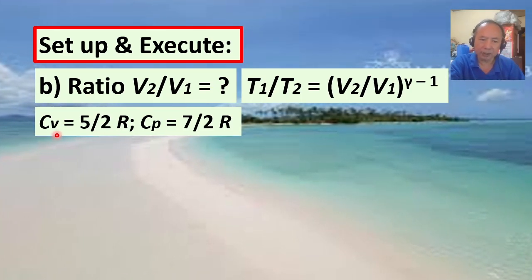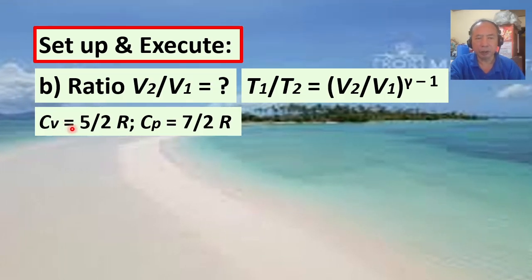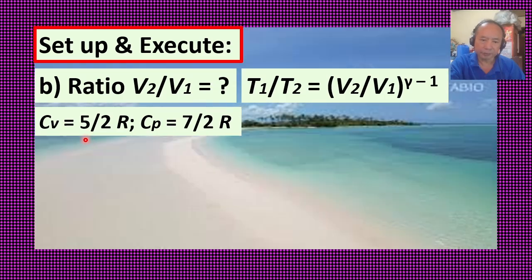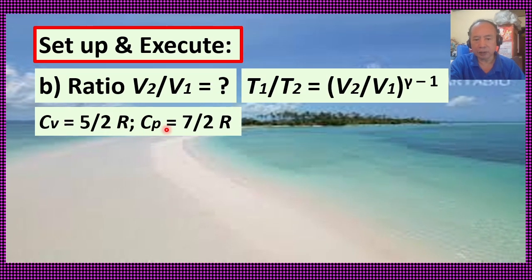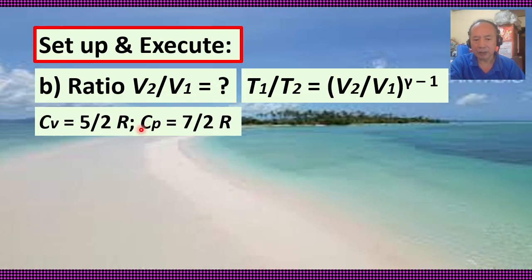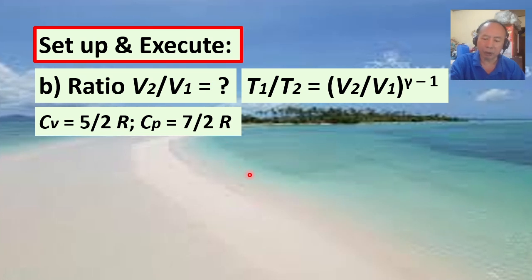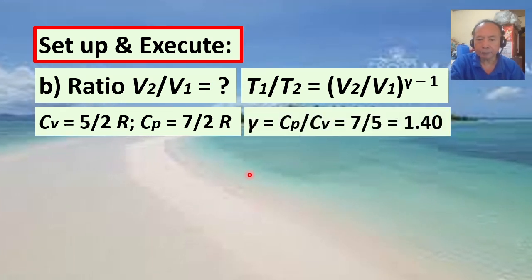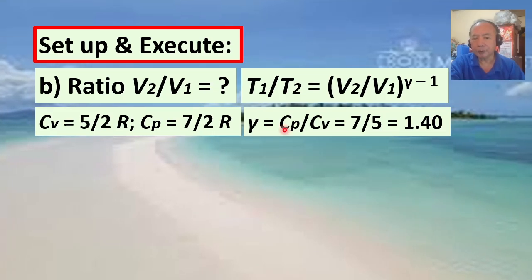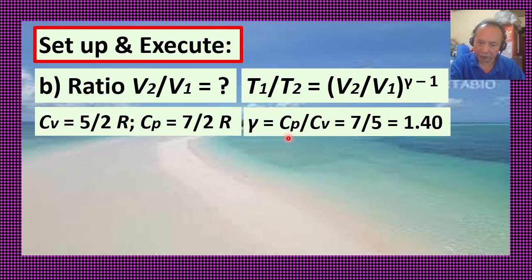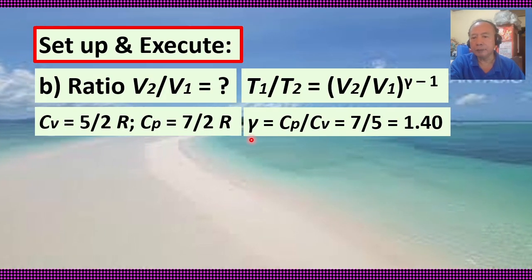Capital C sub V, the molar heat capacity at constant volume of hydrogen gas, equals 5 halves times big R. And the molar heat capacity at constant pressure of the same gas equals 7 halves times R. The ratio, capital C sub P over capital C sub V, is the meaning of gamma.